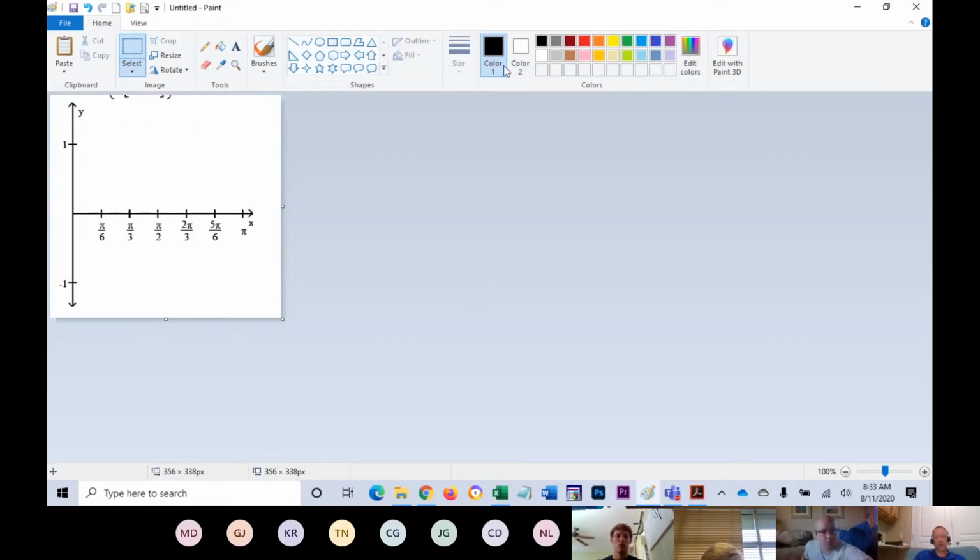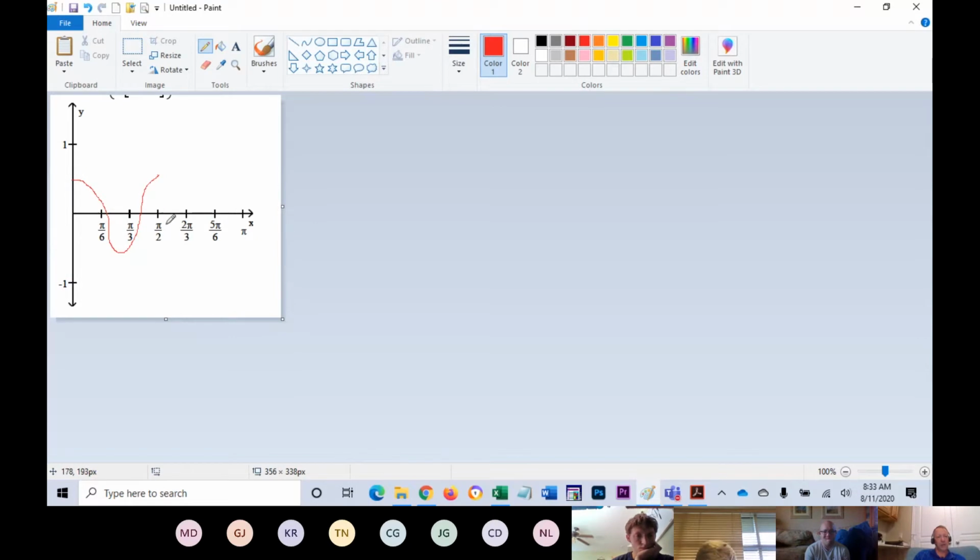Here's how I would probably do it. Okay, so I'm going to ignore the shift for now. We know, with no shift, we're only going to pi halves, right? So we're going to go something like this.